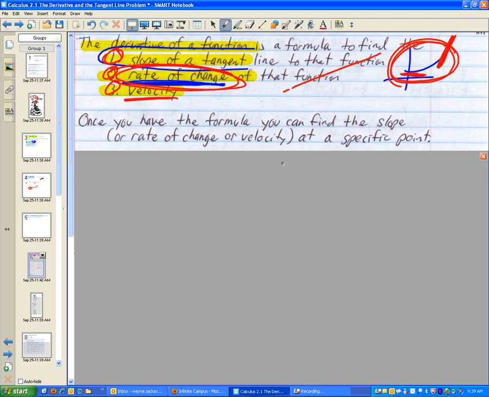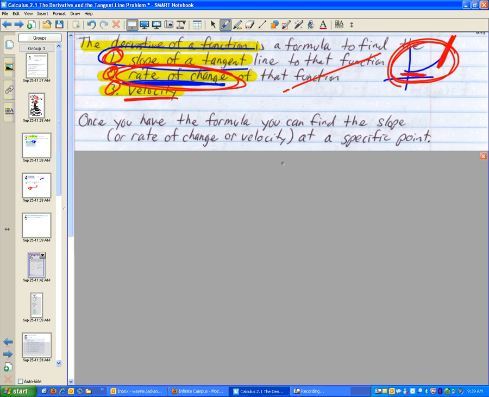Once you have the formula for the slope of the tangent line, the rate of change, velocity, then you can find the slope or the rate of change or the velocity at any point you want. Okay? Usually we only want to do this at 1 or 2 points. But again, if that graph really was measuring the growth of cancer cells, we'd want to find the rate of change at a lot of different places because we'd want to figure out why this is happening, right?